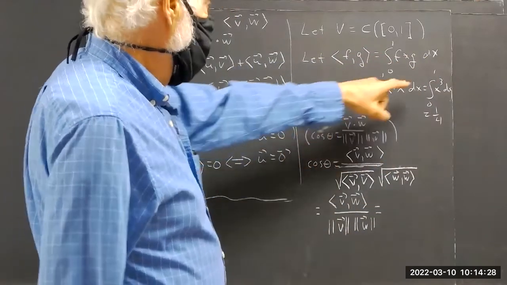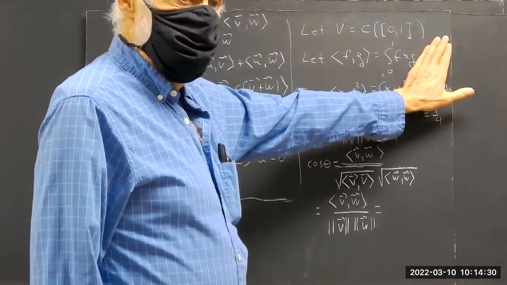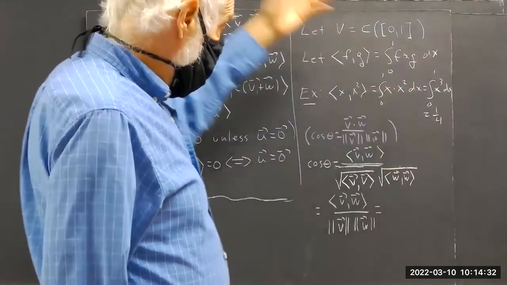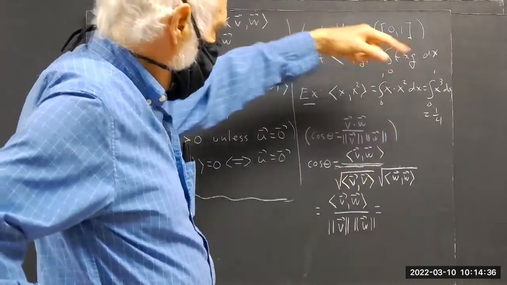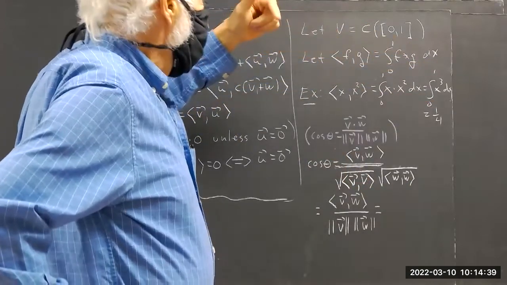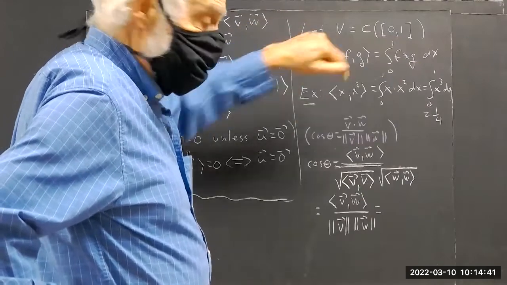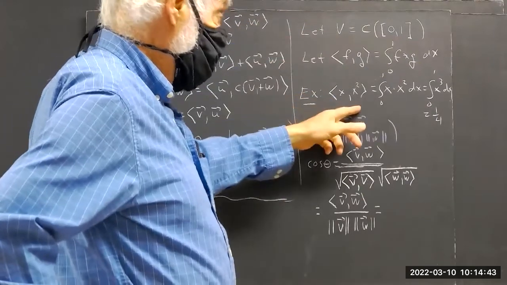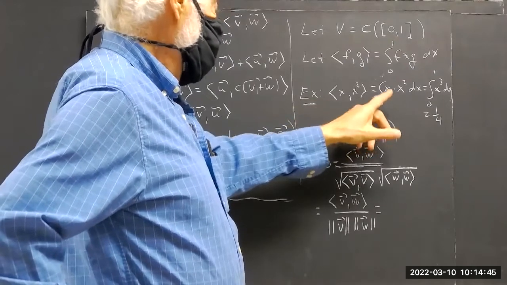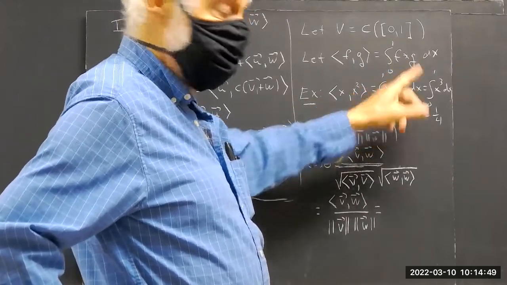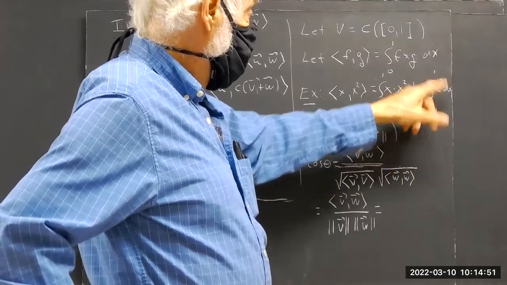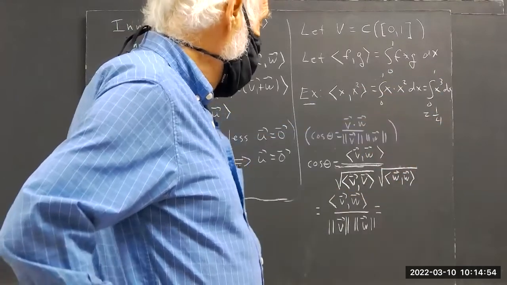I used the dx here, you just probably wouldn't generally write that. But since we're going to use x for our variable, I went ahead and wrote the dx on it. So if your functions are x and x squared, what's the inner product of x and x squared? Well, it's the integral from 0 to 1 of x times x squared, the integral of x cubed, and that's 1/4.